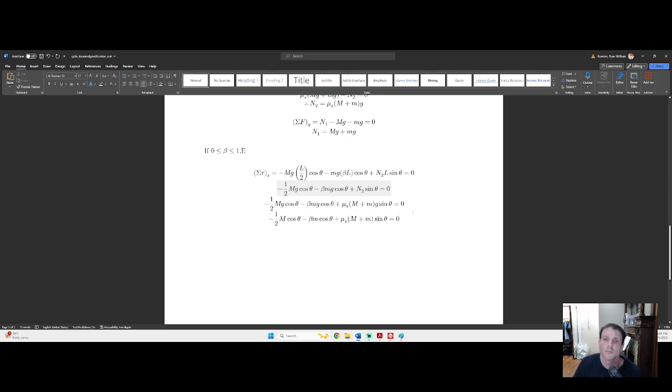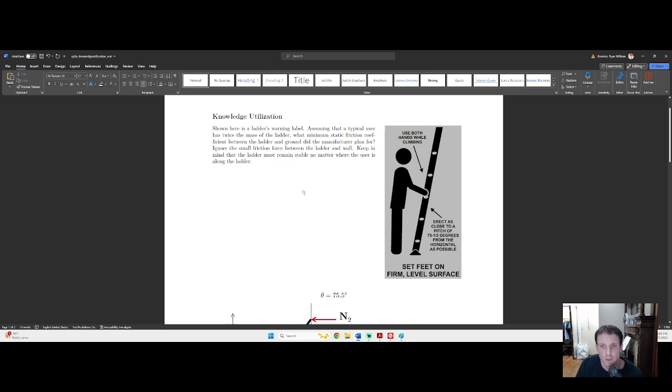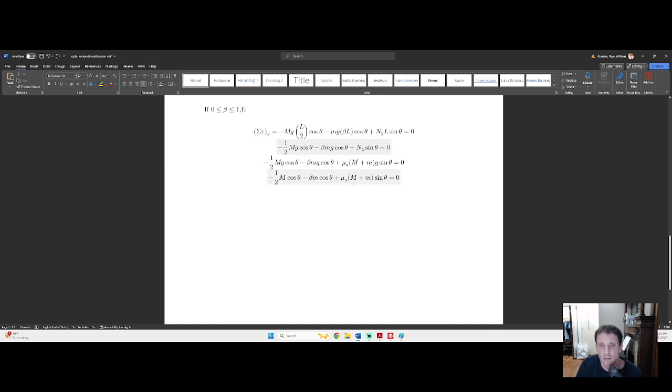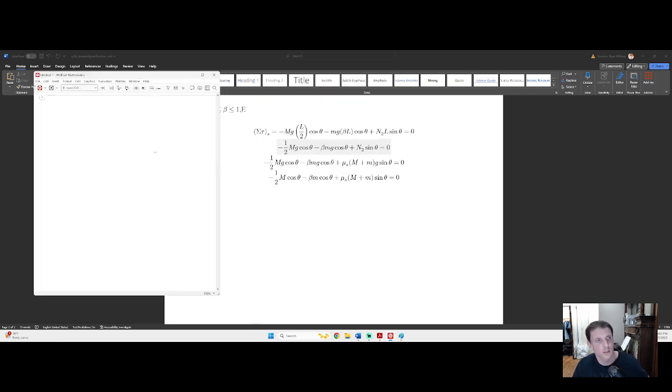Is the problem asking us to do it again? What minimum static friction coefficient between the ladder and ground did the manufacturer plan for? So we have to solve this for the static friction coefficient, right? And how? I mean, I can do that in Mathematica pretty easily, but it's some gross algebra.